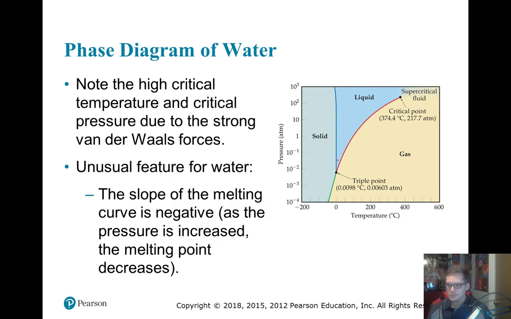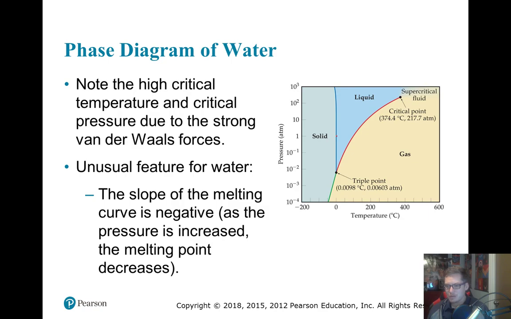The triple point is about 0.0063 atmospheres, so it'd be somewhere around here. So you should have a solid at 1 atmosphere, 0 degrees Celsius. If we're right at 0, we should be right on this line.